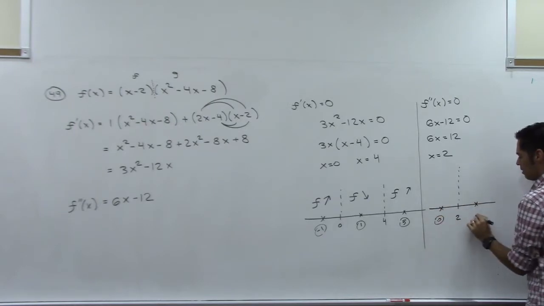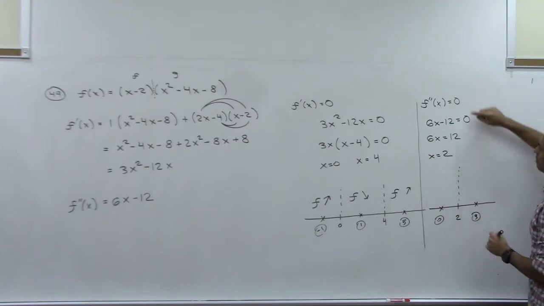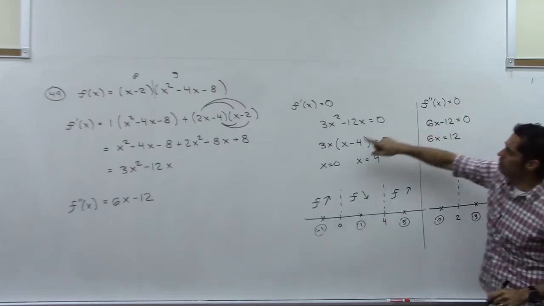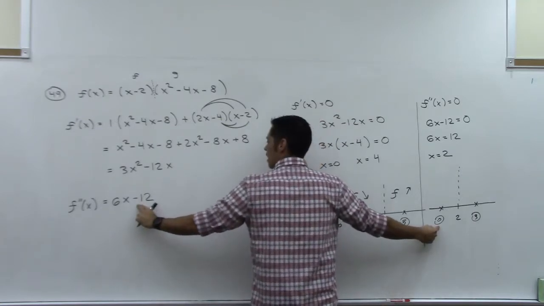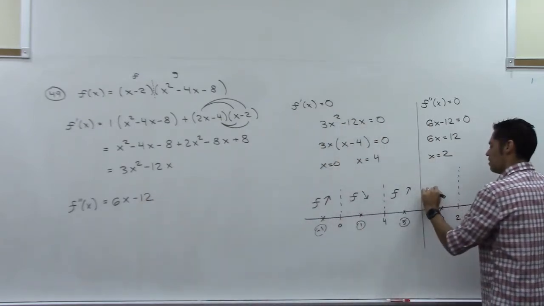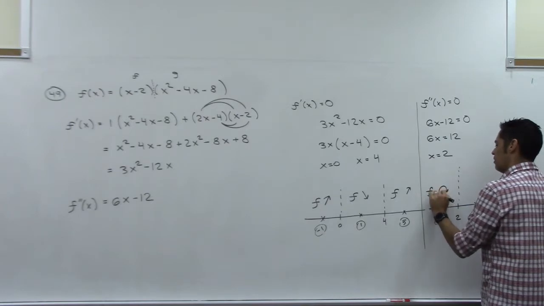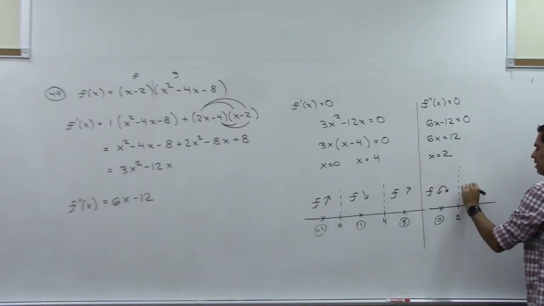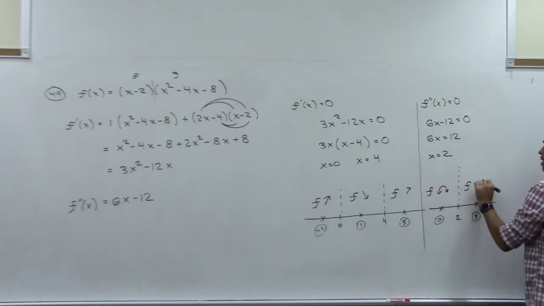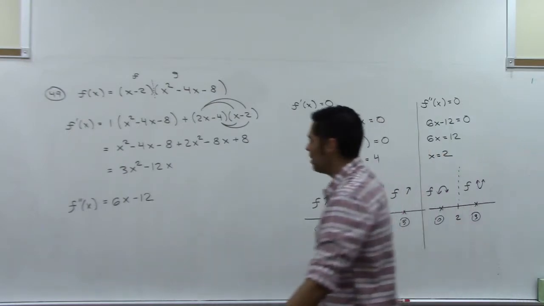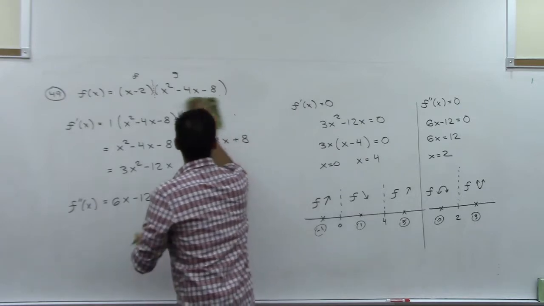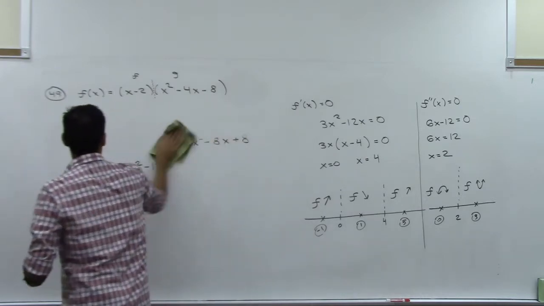Here's 0, here's let's say 3. Plug those into the second derivative. So if I plug in 0 into this, I'm going to get a negative number, which means my function is concave down. Remember, second derivative means we're looking at concavity. If you plug in 3, you'll get a positive number. That means we're concave up. All right, now with this information, we should be able to draw a pretty good little graph of this function.